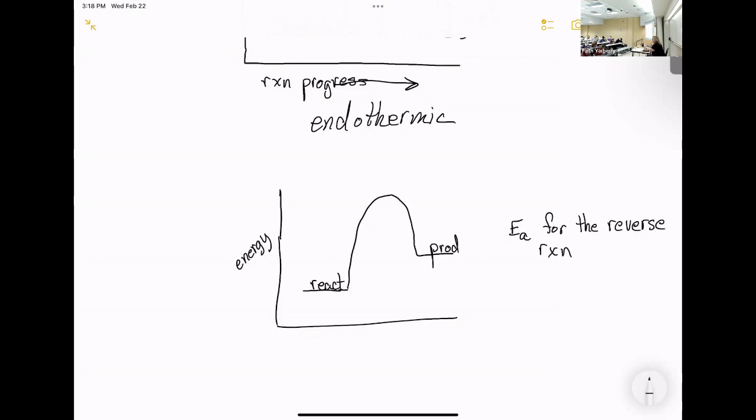Well, the reverse means you're starting with your products. So this would be its energy of activation. In other words, you got to pay attention. Are we going forward or are we going in the reverse?